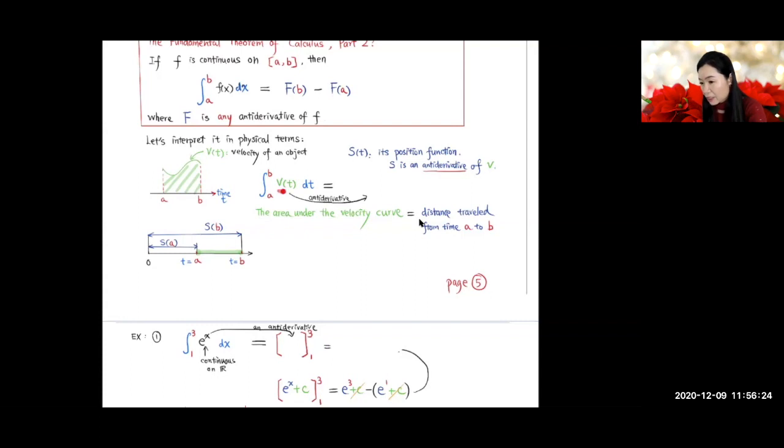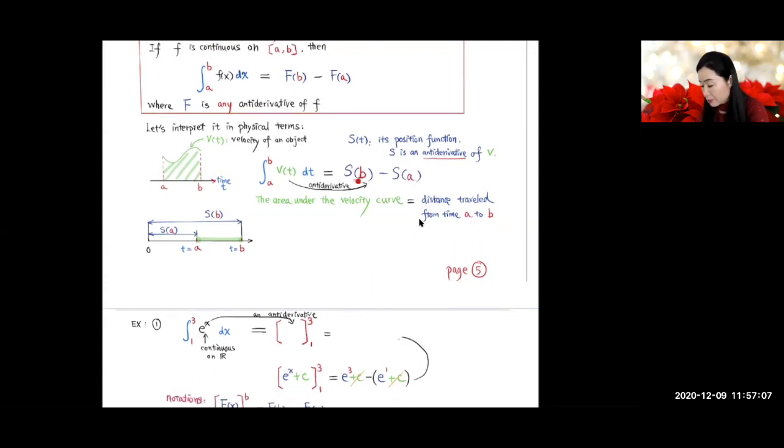The antiderivative of the velocity function is the position function, s. So s here is the position function, which is an antiderivative of the velocity function. And then you evaluate this function at the upper limit b, and subtract this position function evaluated at the time a. So that is s(b) minus s(a).